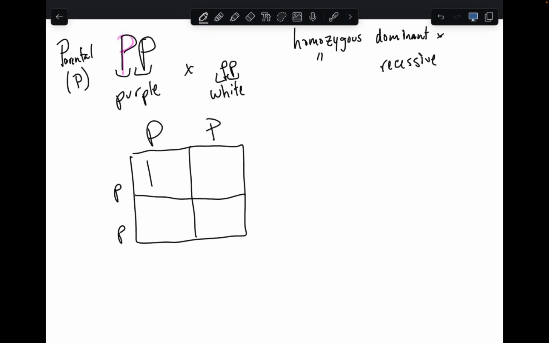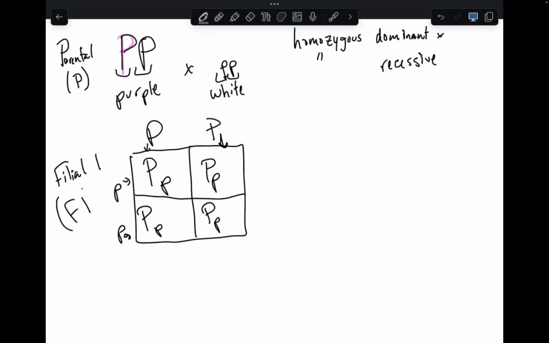So if I have a big P, over here I have a little p, I bring down the big P, I bring over the little p, I bring down the big P, bring over the little p, same thing, bring down the big P, bring over the little p. And now this is what they call filial 1 or F1 generation.